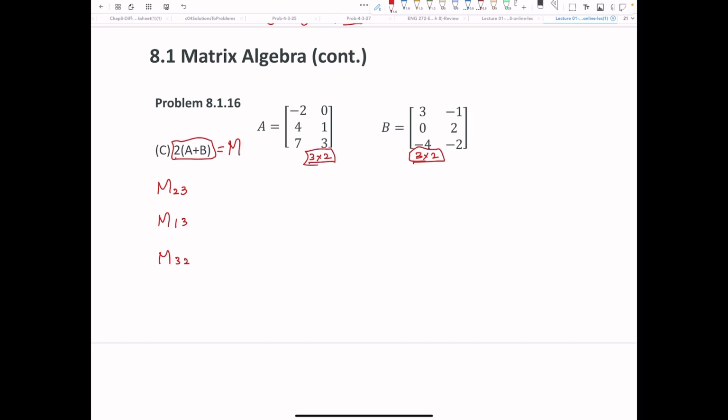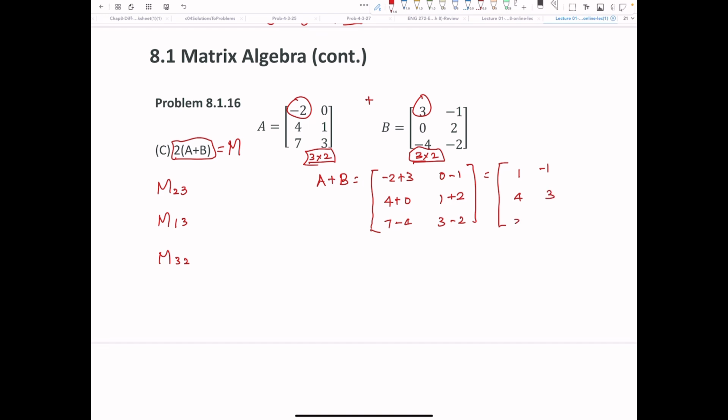Let's find A plus B first. Negative 2 plus 3, element by element, 0 minus 1, 4 plus 0, 1 plus 2, 7 minus 4, 3 minus 2, and that is 1, negative 1, 4, 3, 3, 1.